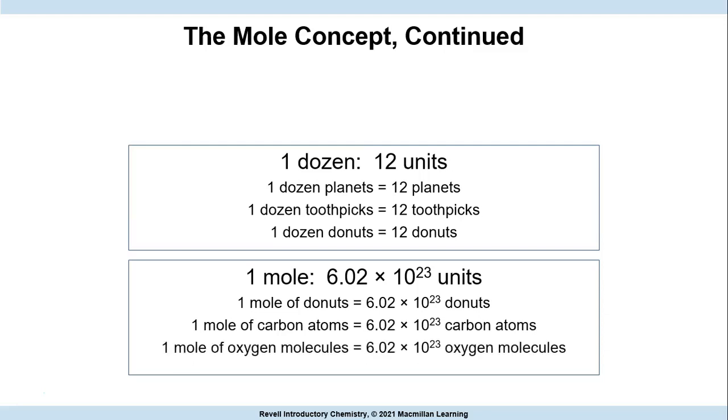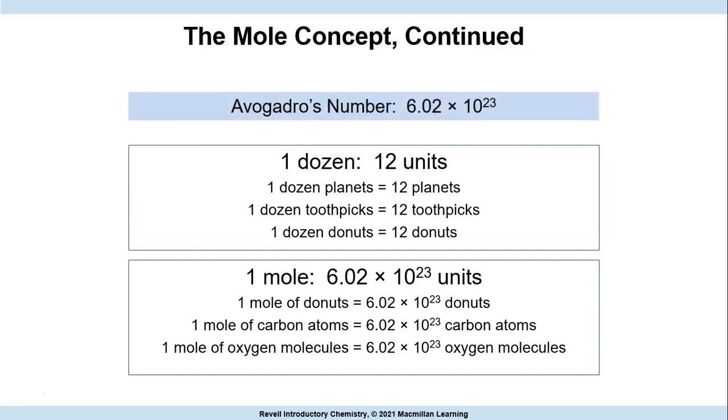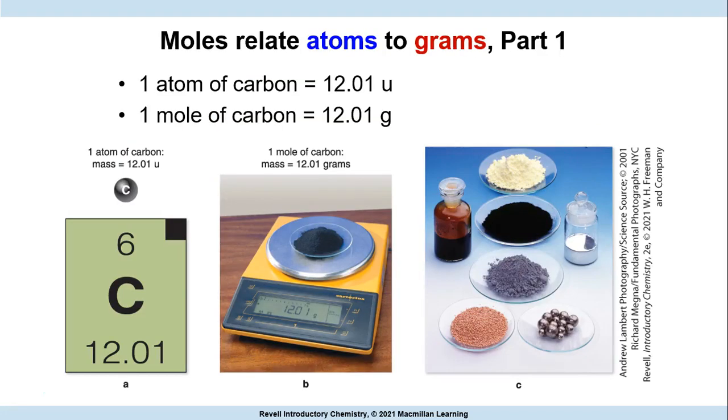A mole of oxygen molecules is equal to 6.02 times 10 to the 23 oxygen molecules. Now, this 6.02 times 10 to the 23 is what is called in chemistry the Avogadro's number. So the mole is referred to as the Avogadro's number.